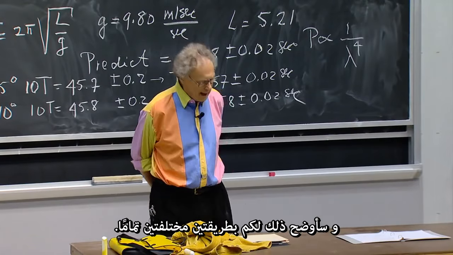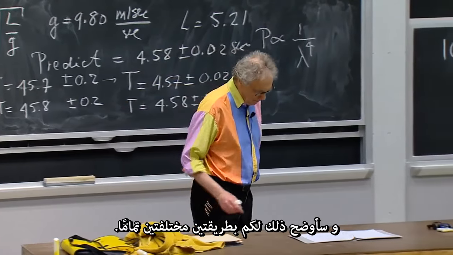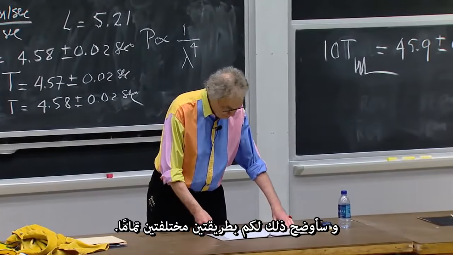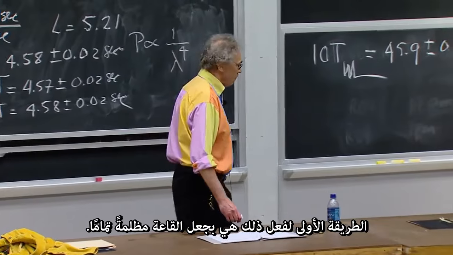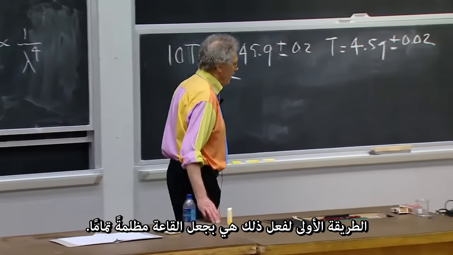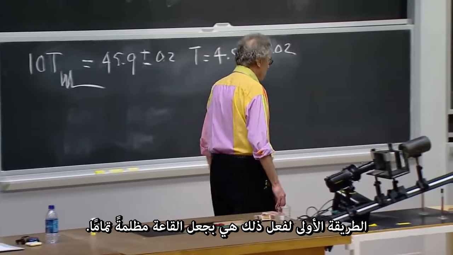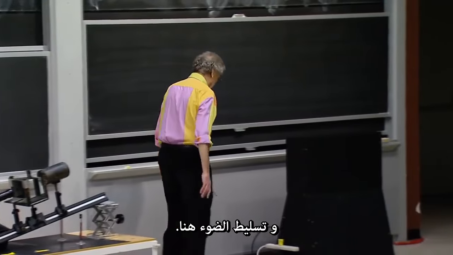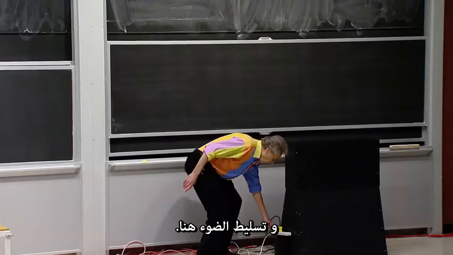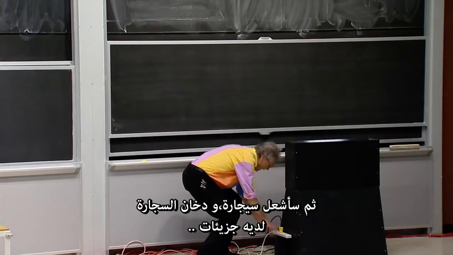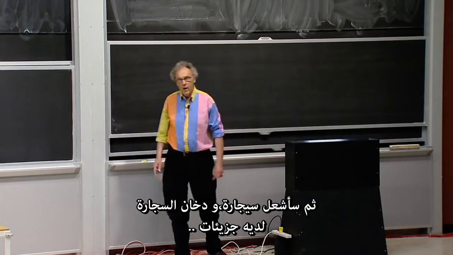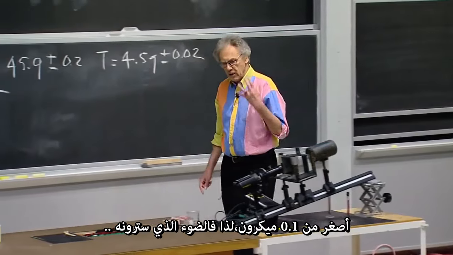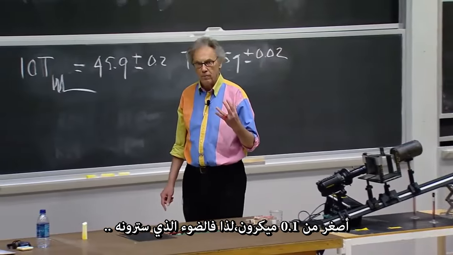And I'm going to demonstrate that to you in two completely different ways. The first way that I'm going to do that is to make it completely dark in the lecture hall and have light going straight up here. Then I will light a cigarette, and the smoke of a cigarette has particles that are smaller than a tenth of a micron.